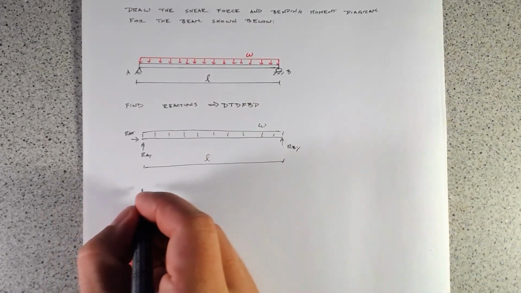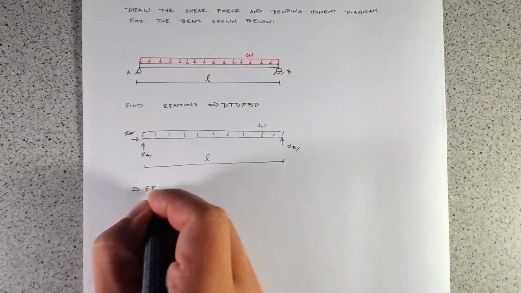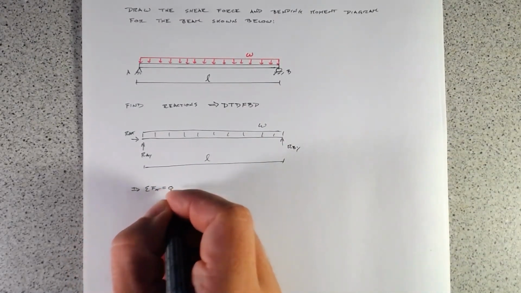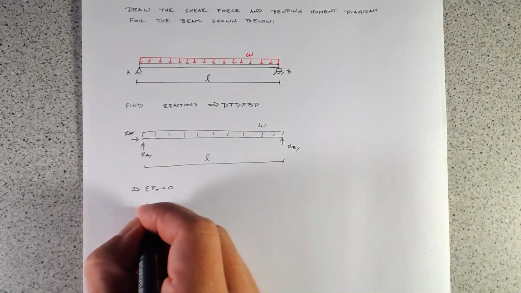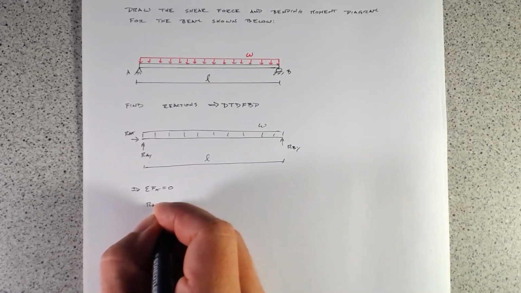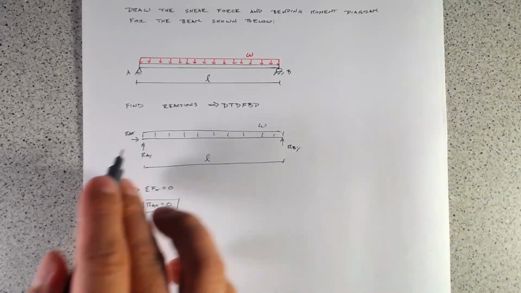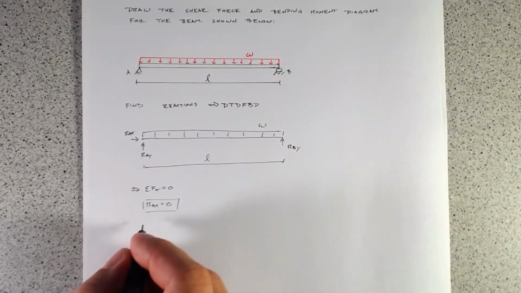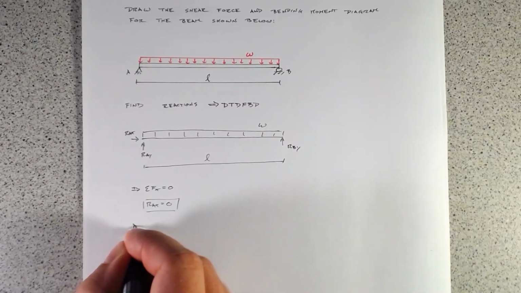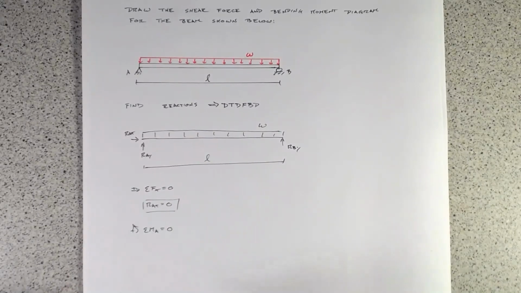So we'll run through this quite quickly. If we do the sum of the forces in the x direction, that has to equal 0. So we can see the only thing we have here is RAX, so RAX equals 0. I'll take the moments about A now to try to find this reaction at B. So sum of the moments at A equals 0.